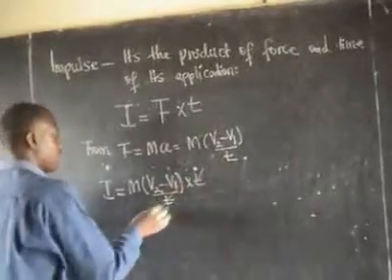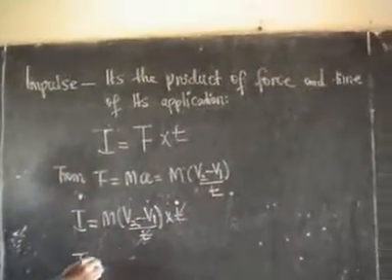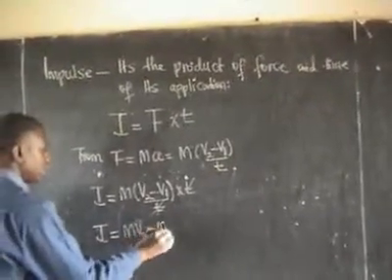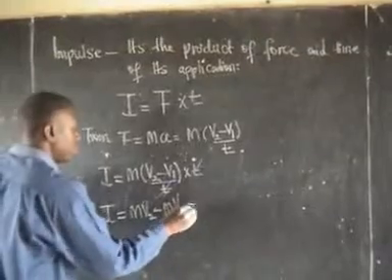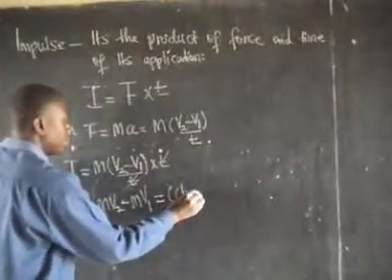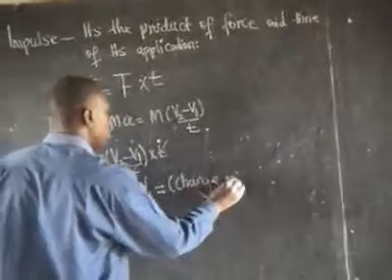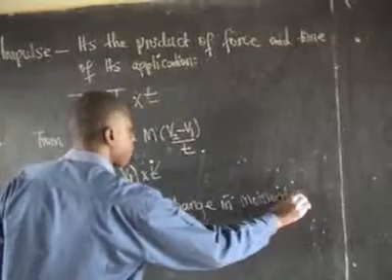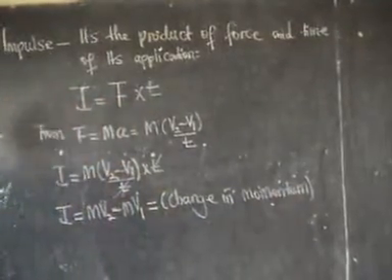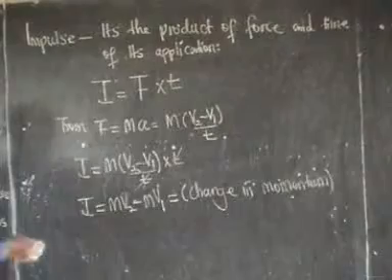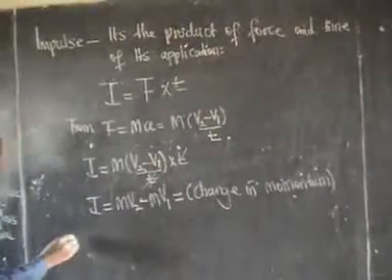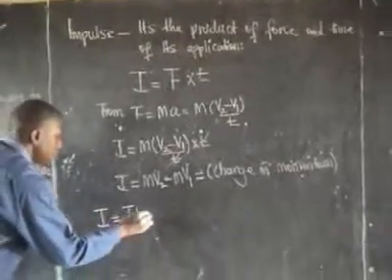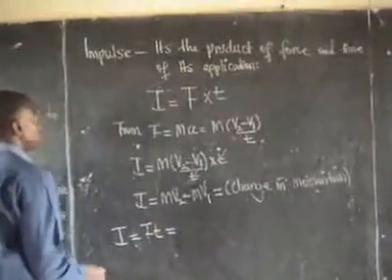So this t will cancel, and we shall get I equals m v2 minus m v1, in brief, which is a change in momentum. So the relationship is that impulse is equal to Ft, which is equal to the change in the momentum.